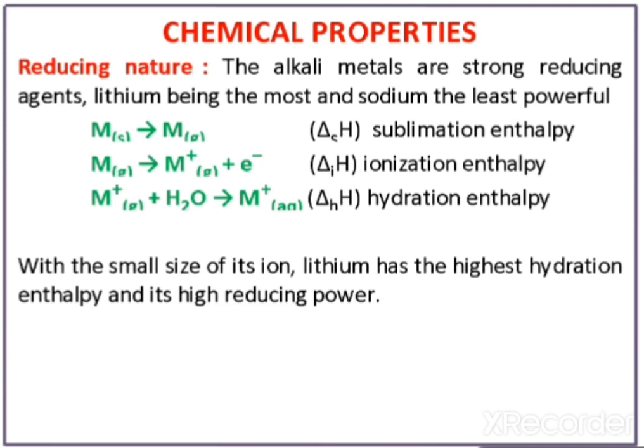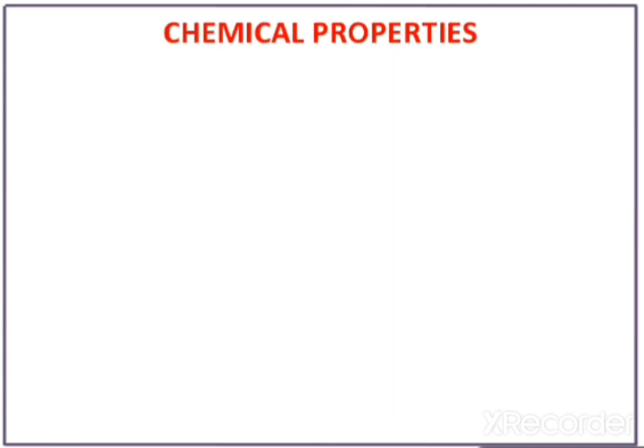This one is hydration enthalpy. So with the small size of its ion, lithium has the highest hydration enthalpy and hence high reducing power. Simple thing: if the hydration enthalpy is highest, reducing power will be highest. Okay. So in this way, lithium is the strongest reducing agent.